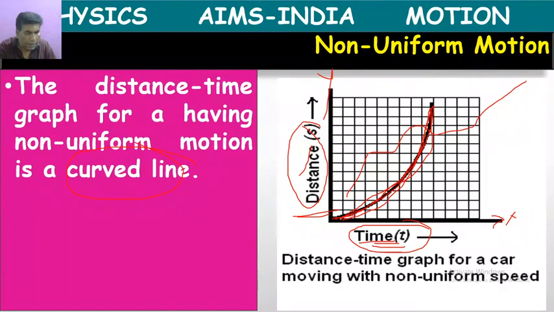Okay, any doubt regarding this non-uniform motion? Here non-uniform means we have two factors: one is distance, the other is time. Distances may be equal, time may be unequal, or time may be equal, distances may be unequal.